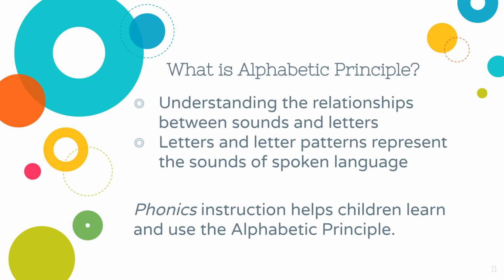Alphabetic principle is the understanding of the relationships between sounds and letters, and that letters and letter patterns represent the sounds of spoken language. And so phonics instruction will help children learn and use the alphabetic principle.